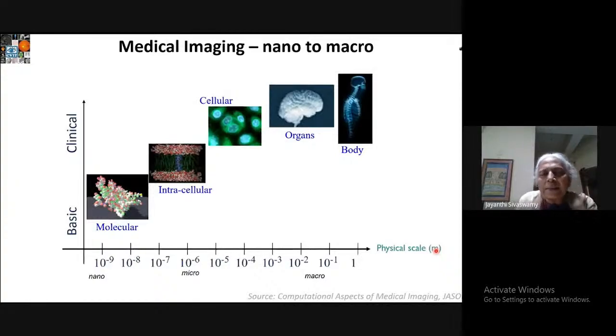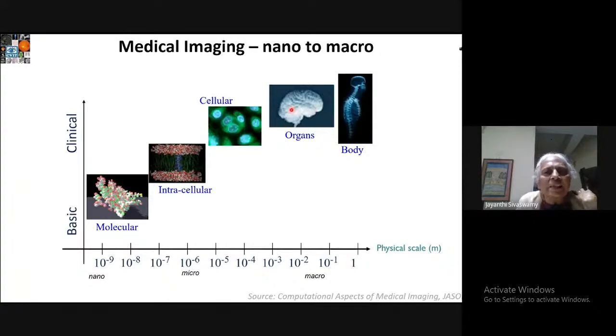So to summarize, medical images can be taken at a wide range of physical scale. If this x-axis represents a physical scale, I can go from nanometers to macrometers. Our height and our body is at the macro level, so the body is imaged at the macro level.